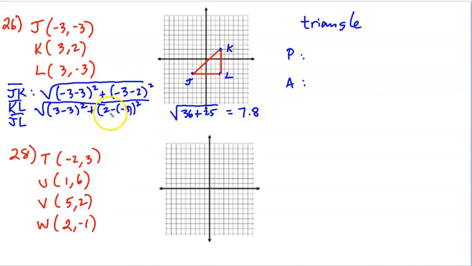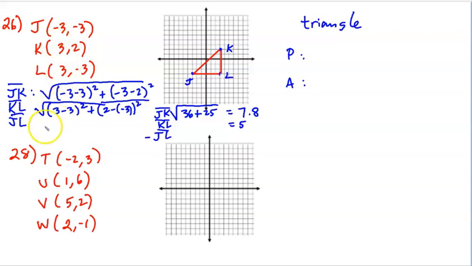So this is 2 minus -3. You could probably actually just count those. So that's 5 squared, which is 25, and the square root of that is 5. So this is JK, this is KL, and now we'll do JL.